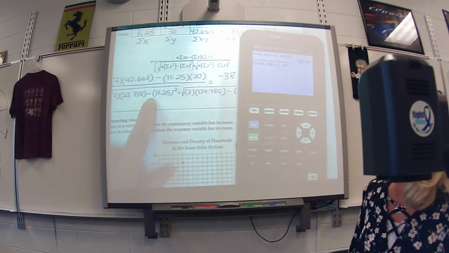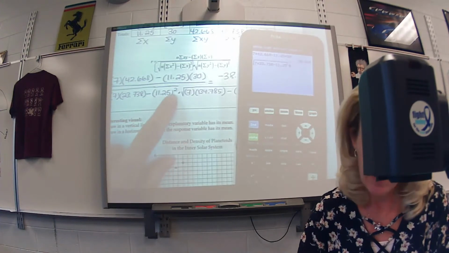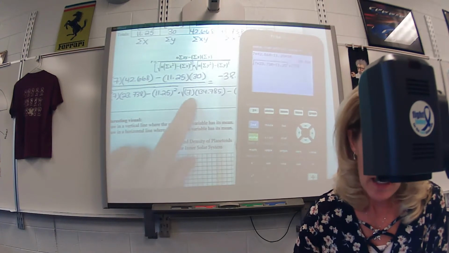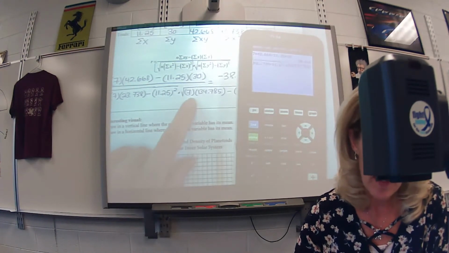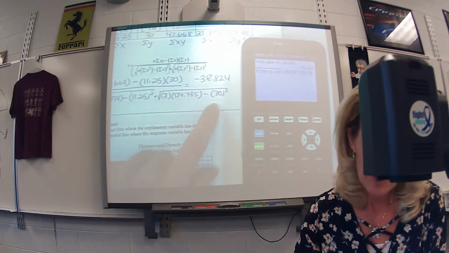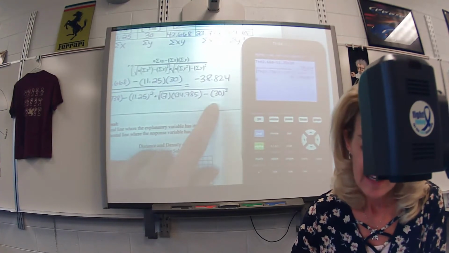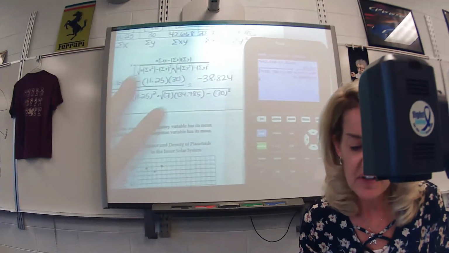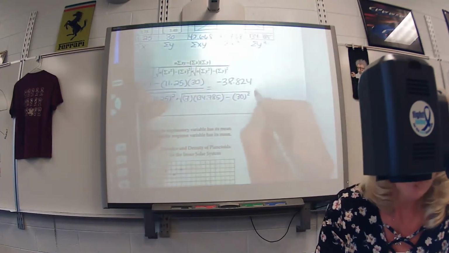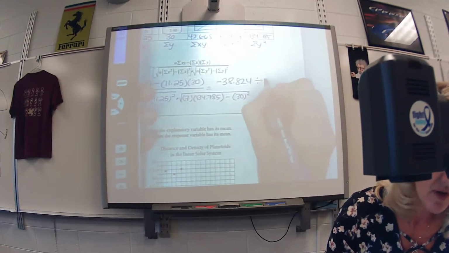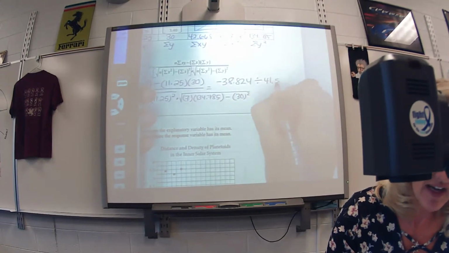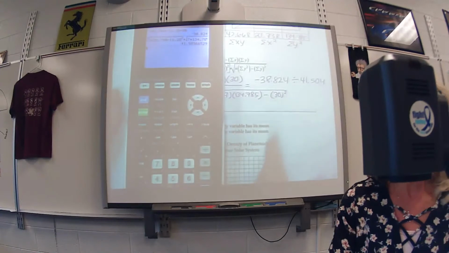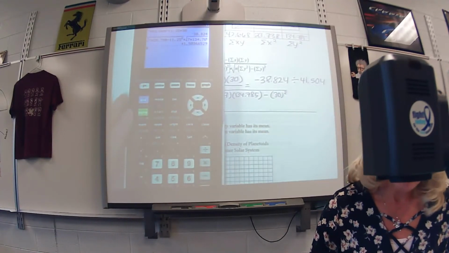Get out of that square root and multiply by a new square root, 7 times 134.785 minus 30 squared. That's your denominator. 41.504.